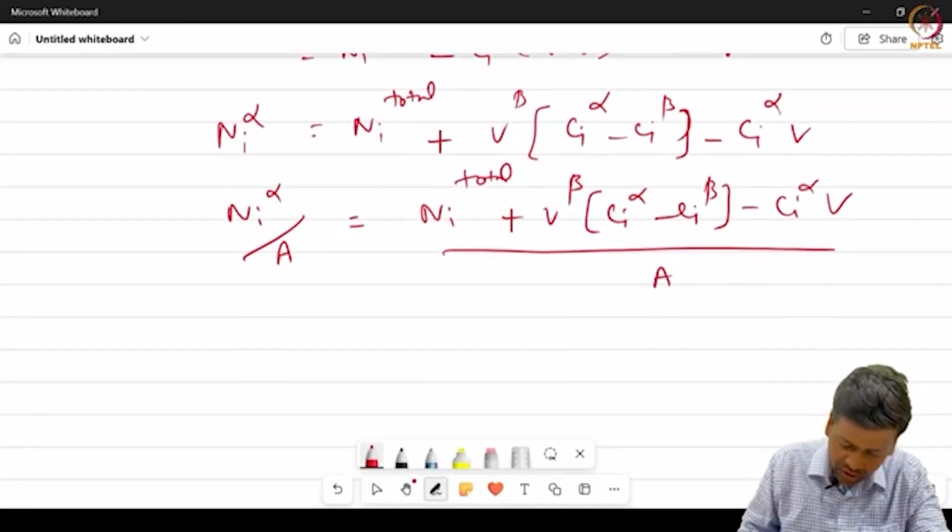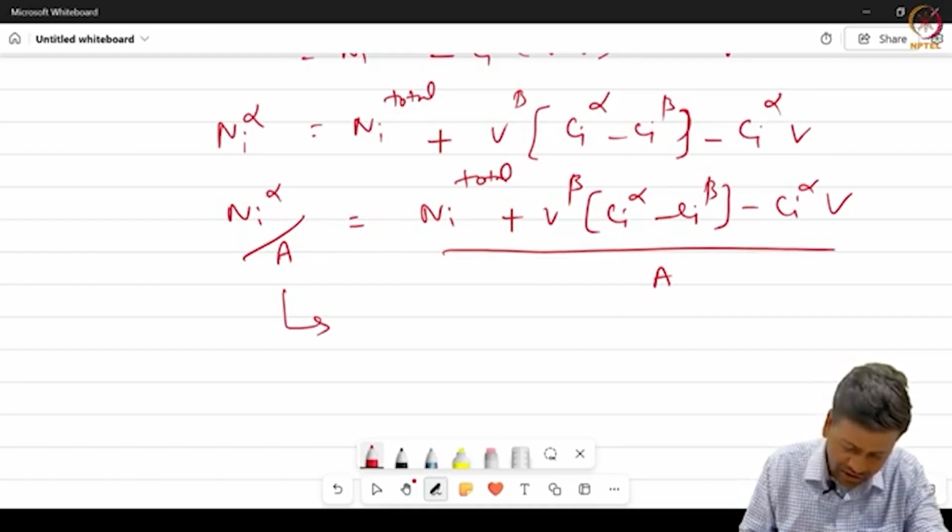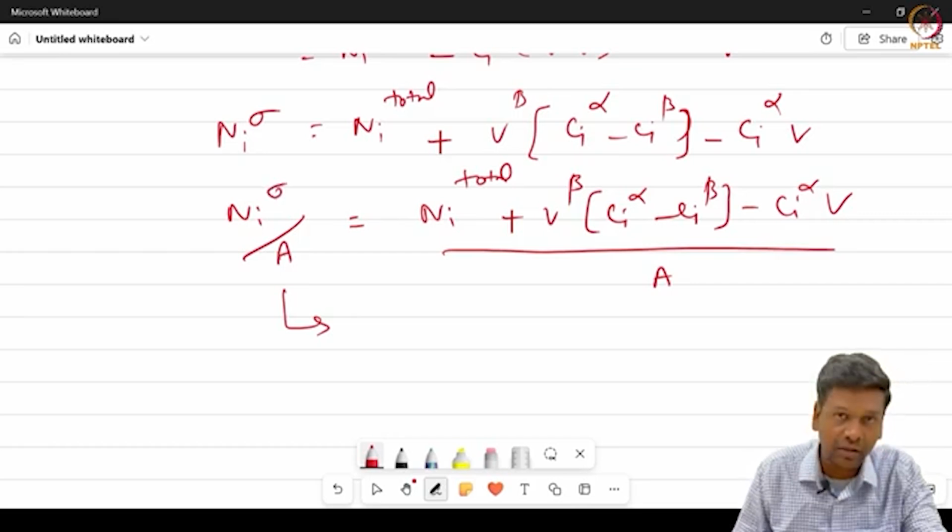Note that this is not Ni alpha, it is Ni sigma, it is the interface, right. Alpha and beta are two adjoining bulk phases. Sigma refers to the interface.